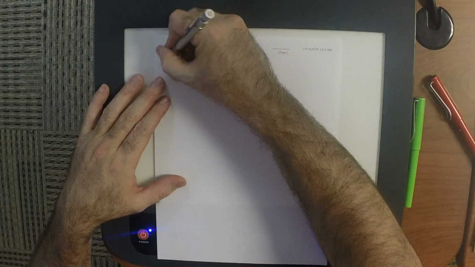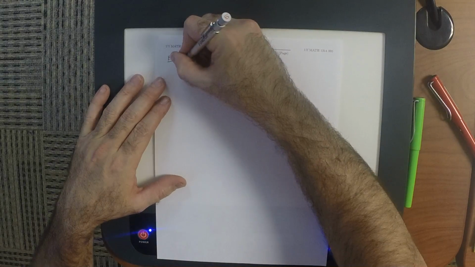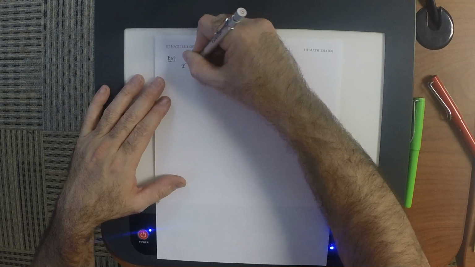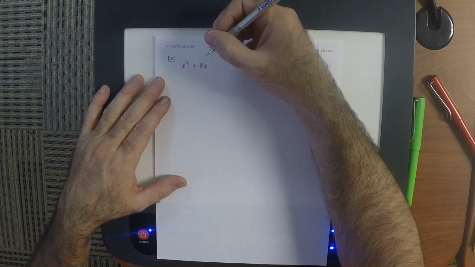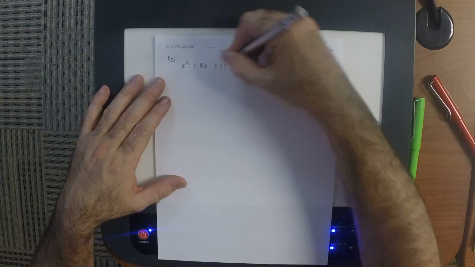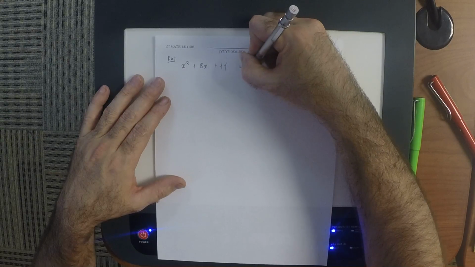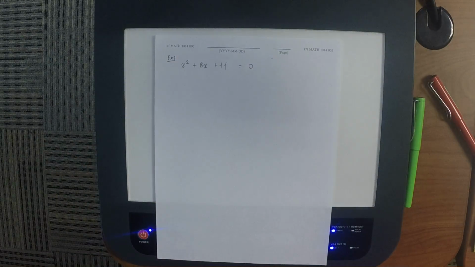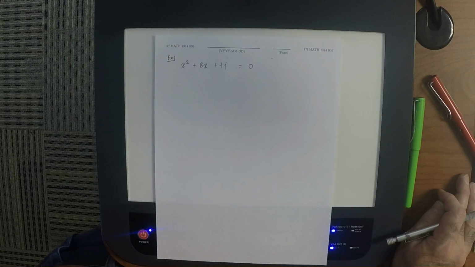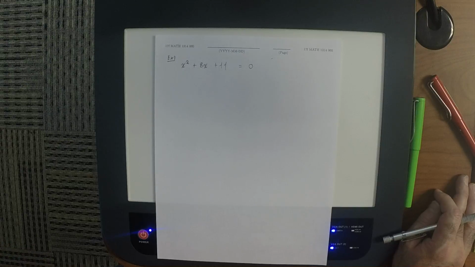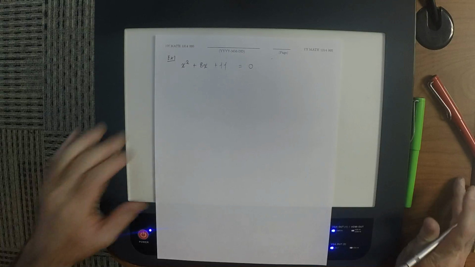That equation was x squared plus 8x plus 11 equal to 0, and I want you to solve it. Since this is the first one of this kind, I'm going to present it as sort of like a magic trick, and then I'll show you how you will be able to do the trick yourself.